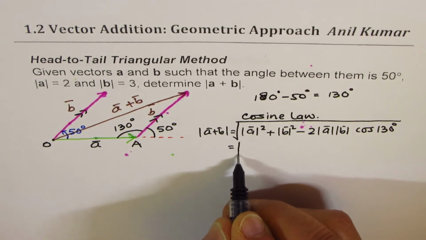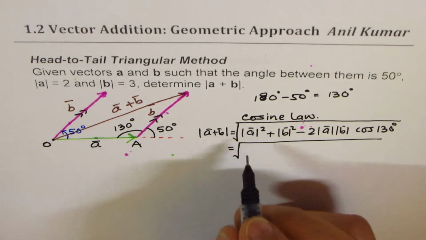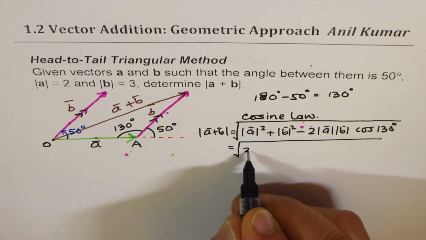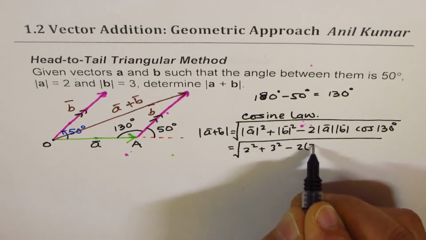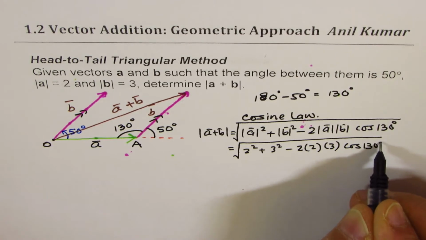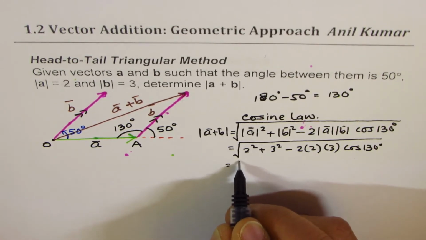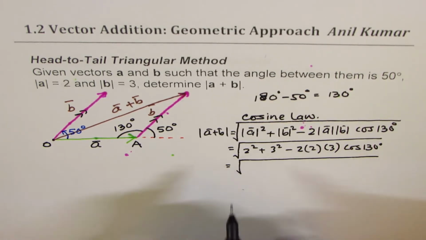So that is what you get as the magnitude, right? In our case, we are given that the magnitude of A is 2, so we get 2 square plus 3 square minus 2 times 3 times cos of 130 degrees. So we can actually find this answer and find the magnitude, correct?